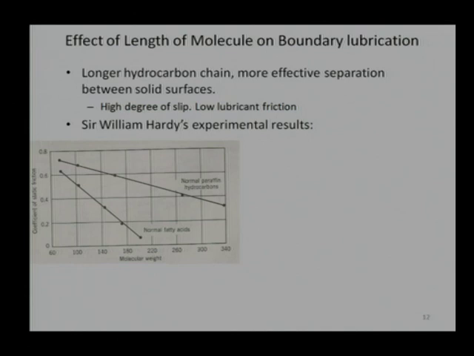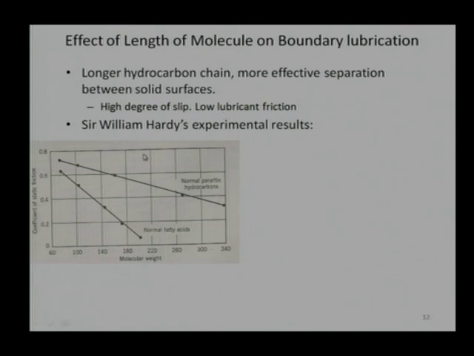He did a number of experiments with different molecular weight lubricants and different chain lengths. What he says is that a longer hydrocarbon chain gives more effective separation between solid surfaces, and that will bring a low coefficient of friction.